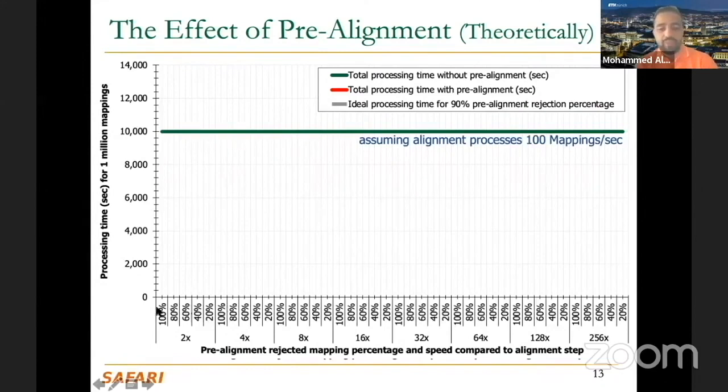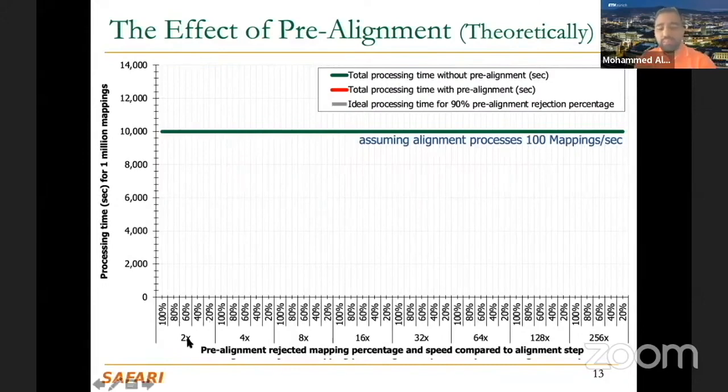In the first row, we have the rejection ratio of the filter, which means how much, or what percentage, of the input mappings or pairs get rejected by the filter. So we have 100% all the way to 20%.